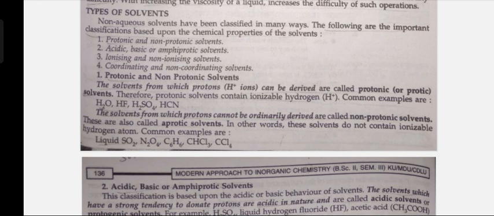The solvents from which protons cannot ordinarily be derived are called non-protic or aprotic solvents. In other words, these solvents do not contain an ionizable hydrogen atom. Common examples are liquid sulfur dioxide, dinitrogen tetroxide, benzene, chloroform, and carbon tetrachloride.